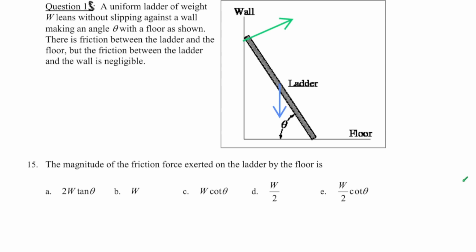And then there's also going to be some sort of friction force preventing the ladder from sliding, acting in some other direction. We'll put that one down here. Given that we know nothing about that force attached to the wall, that should probably be the point where we're summing our torques.